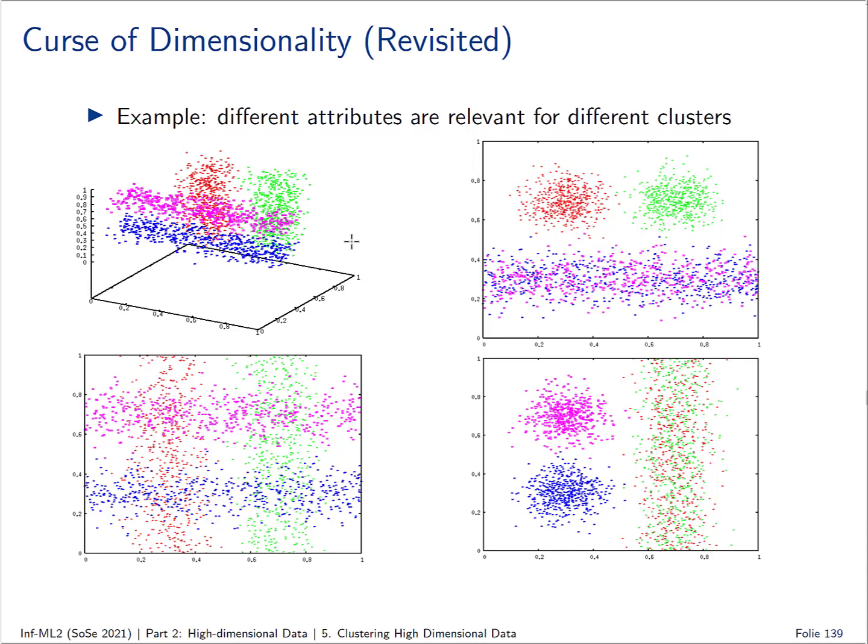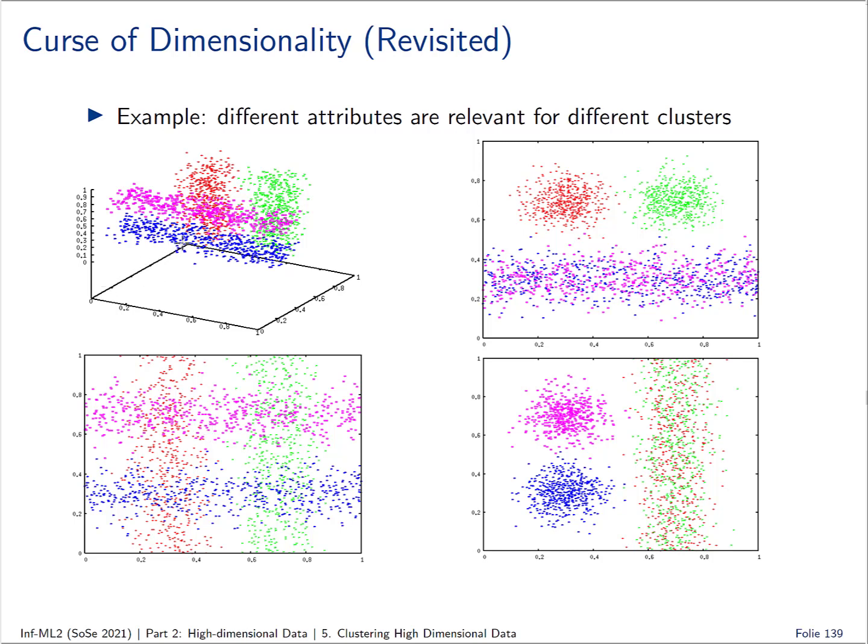We can look at 3 different two-dimensional perspectives on this data set. And if we take the wrong one, we see that we cannot distinguish between any cluster. So that is probably the view from this perspective. If this is X and this is Y, that is the XY projection here.